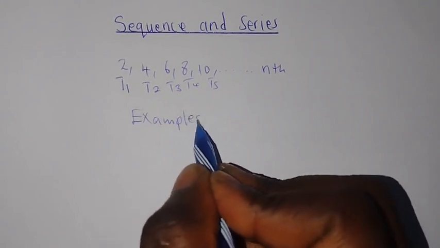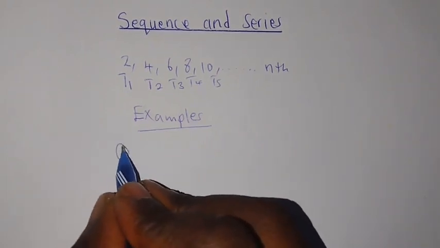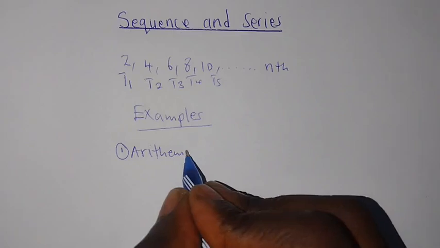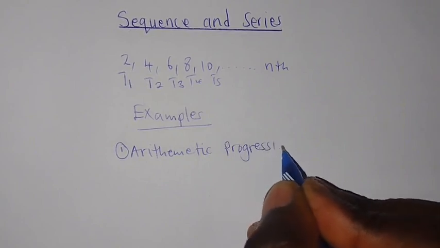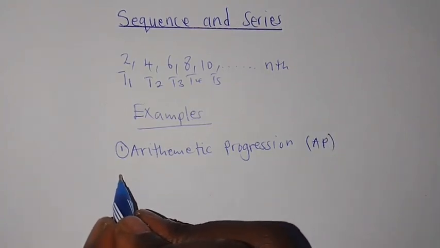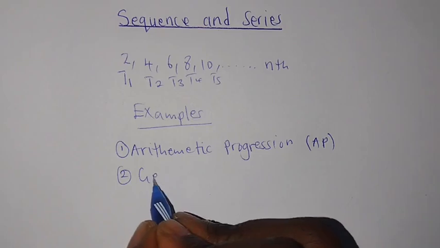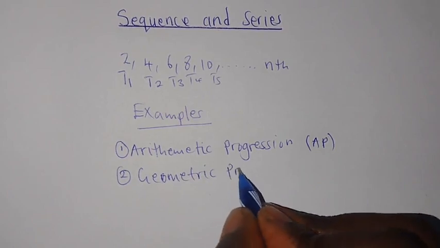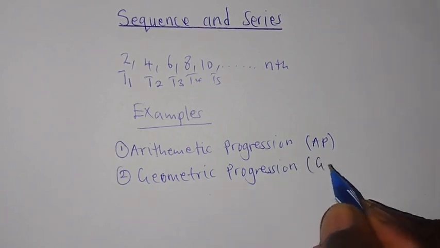Under examples of sequences, we have the arithmetic progression, which we can call AP. Then apart from that, we also have the geometric progression, which we can also call GP.